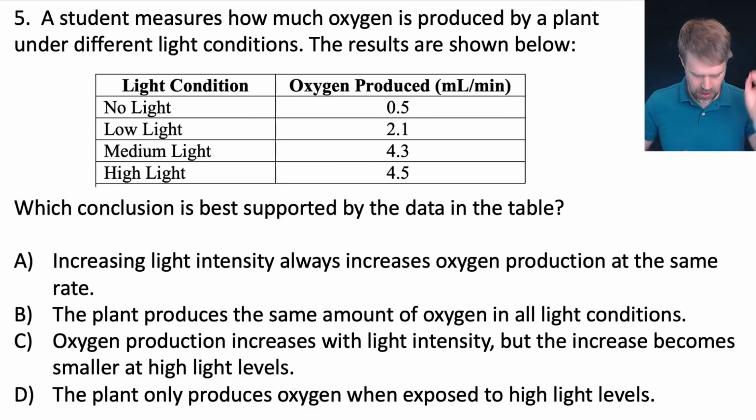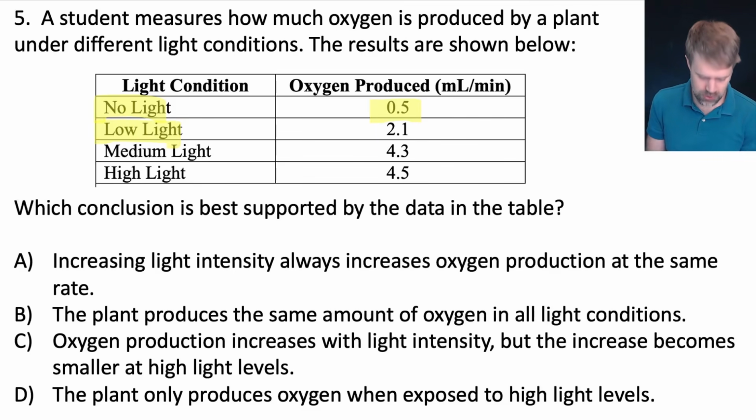A student measures how much oxygen is produced by a plant under different light conditions. Then we have the results. So, light conditions. We have no light, and then a certain amount of oxygen produced by the plant when there is no light: 0.5. Then another situation: the student gives the plant low light.